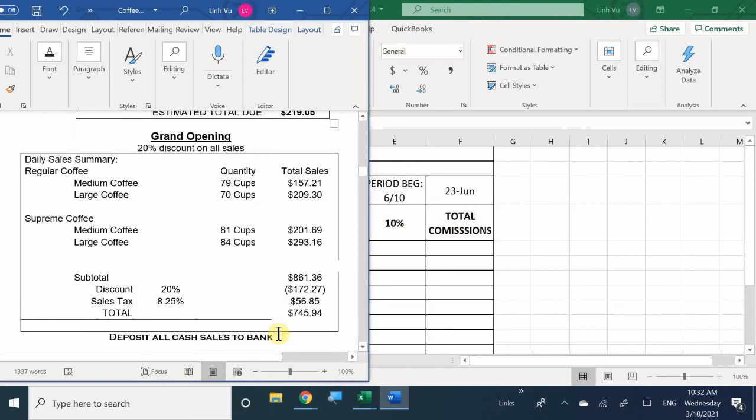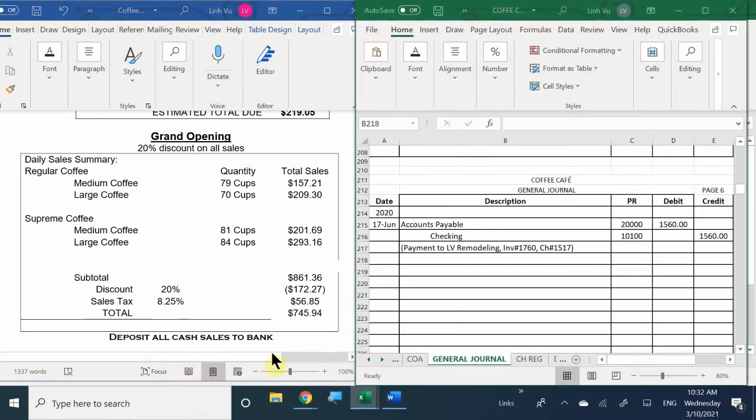So, first things first, how am I going to break this down and journalize it? Where should I start first? If I have the indicator that all of these are cash sales, where should I start first?